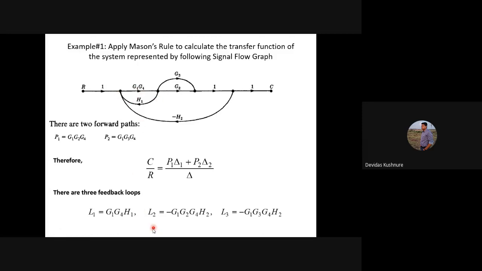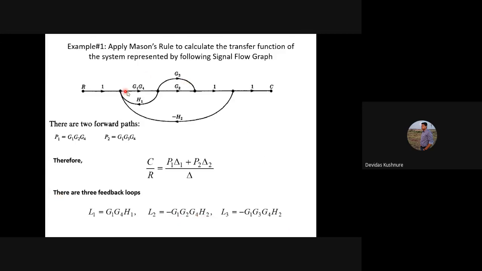Then we have the second loop. You can see here minus G1, G2, G4, H2. So G1, G4, G2 back to the same node is the closed path, with minus H2. So this is a minus sign: G1, G2, G4 into H2. We can have a third loop.